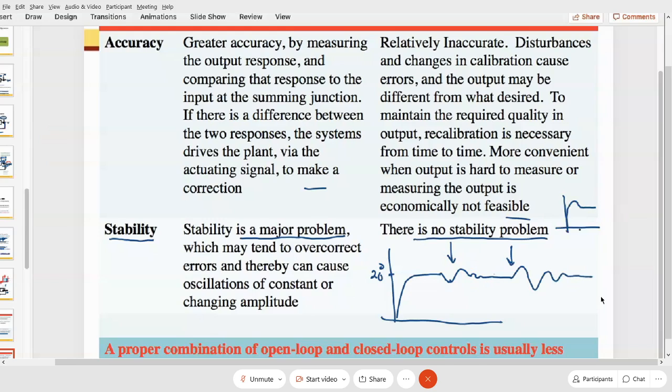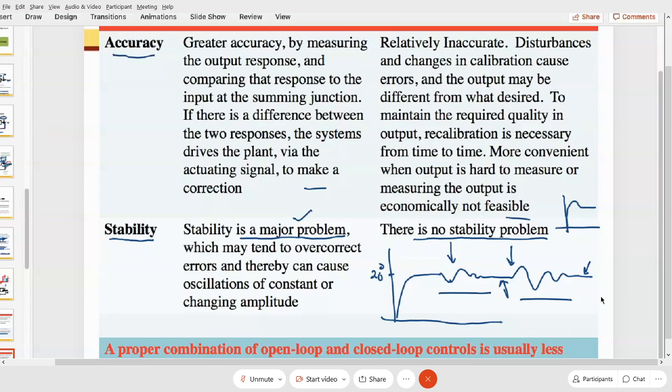But your result may be inaccurate. For the closed loop system, there may be a stability problem, but the final output may be more accurate, as it tries to maintain the set point. So that is the difference: stable or accurate.